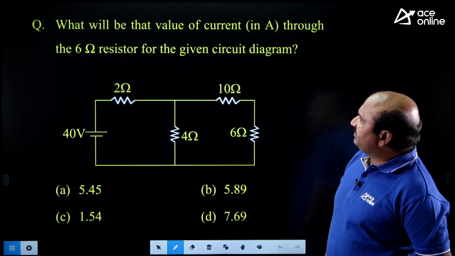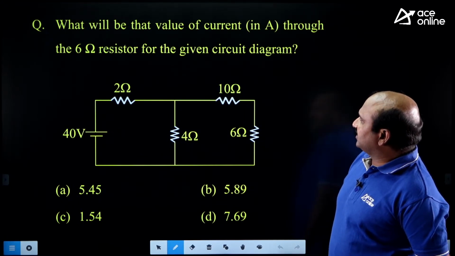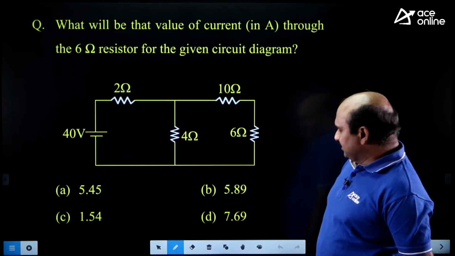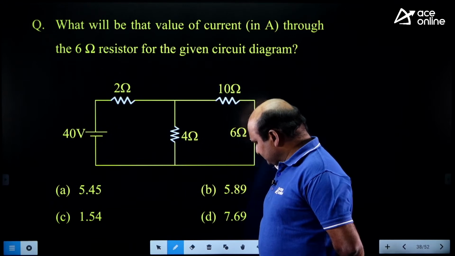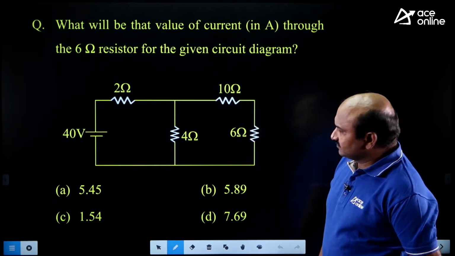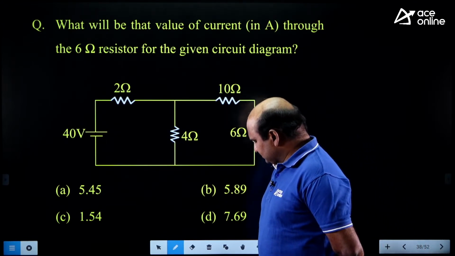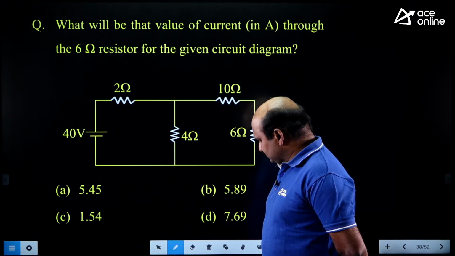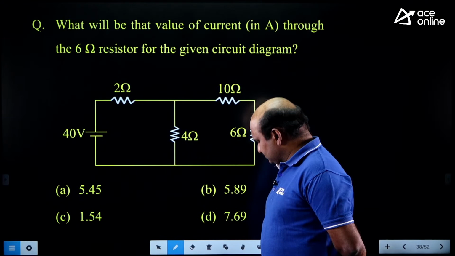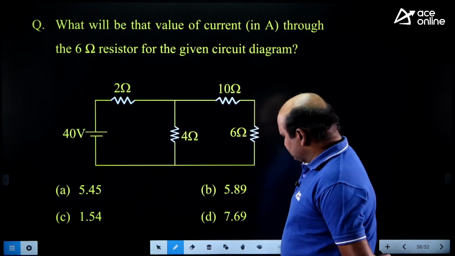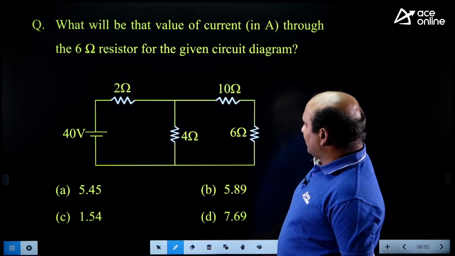See the next one. What will be the value of current in amperes through the 6 ohms resistor for the given circuit diagram? Tell me this. This is a very simple question. How do you take this?